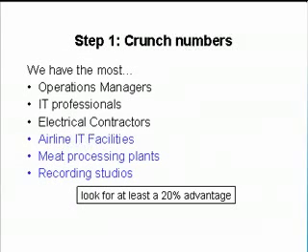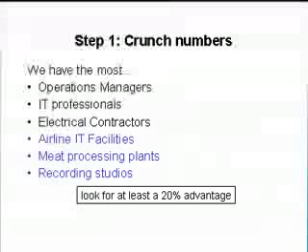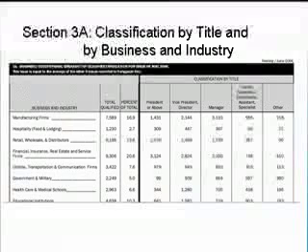I think you need to have at least a 20% advantage over your competition to make something stick. And your advantage can be in job title, or it can be in facility type. Doesn't matter. Just figure out what your core circulation advantage is. Then you go to section 3A and look around and see what you've got.